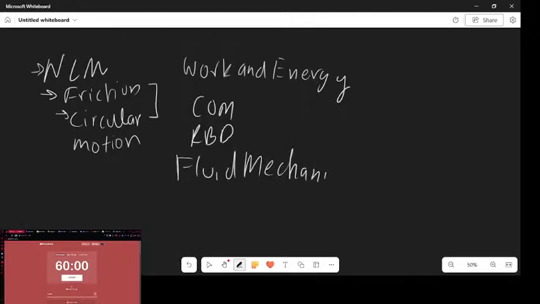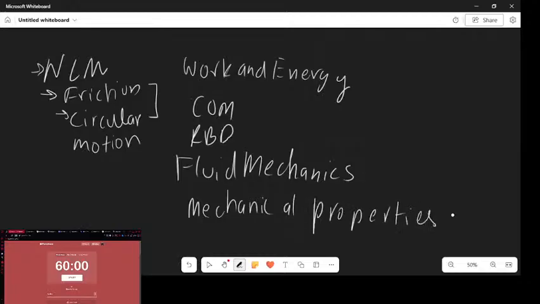This will be the order of completion of the chapters, and then mechanical properties, properties of matter.